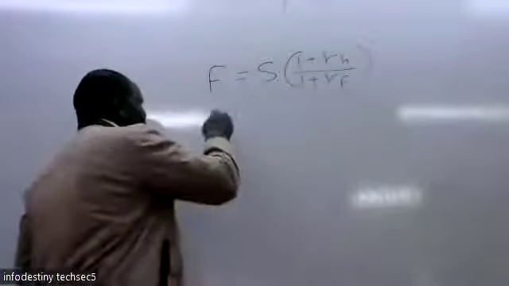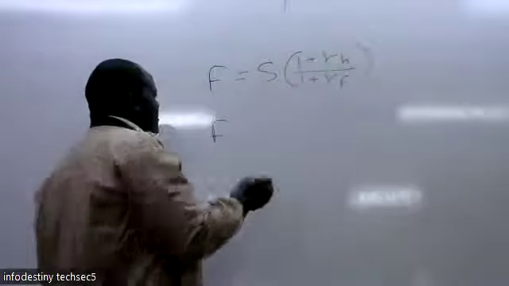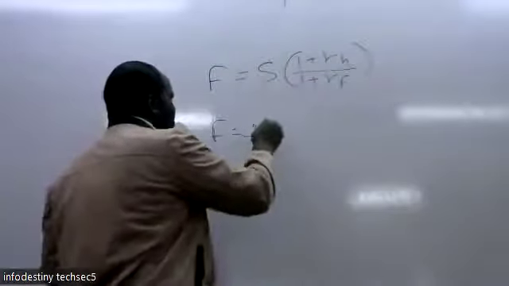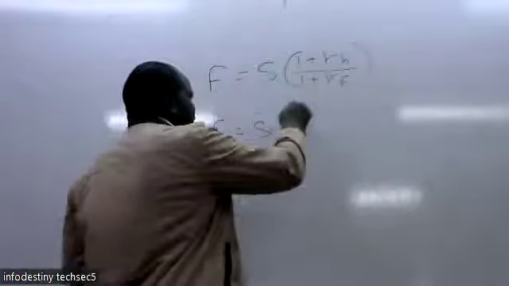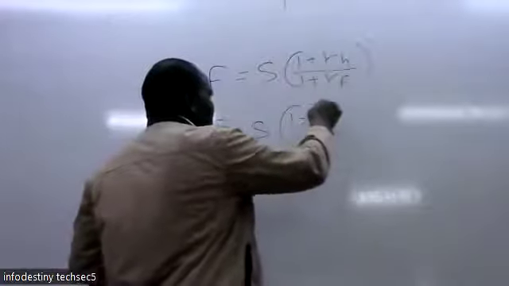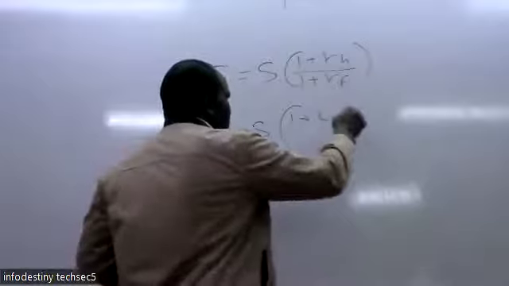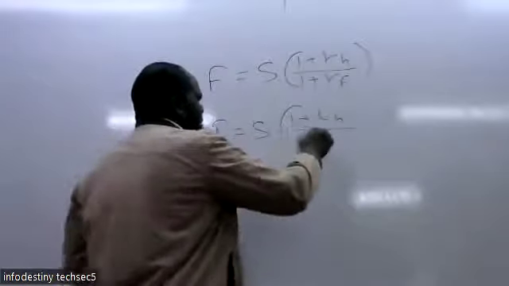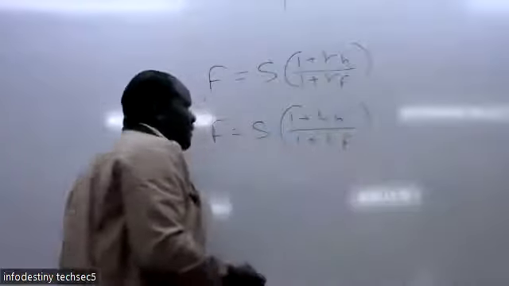Now to compute the forward rate: the forward rate will be given by the spot rate multiplied by the bracket of 1 plus the inflation rate at home, divided by 1 plus the inflation rate in the foreign country.